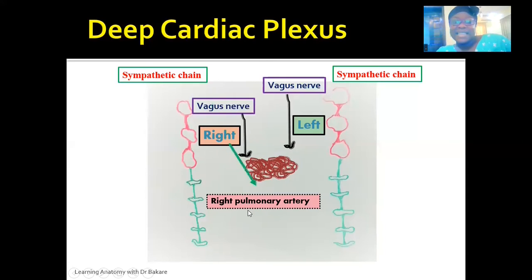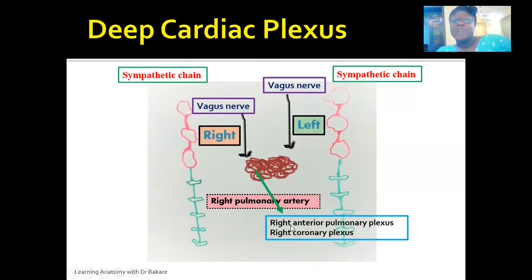The branches that part anterior to the right pulmonary artery give off branches to the right anterior pulmonary plexus, which is located anterior to the lungs, and also the right coronary plexus, which is located on the right side of the heart. We already said that the coronary plexus also receives branches from the cardiac plexuses, and this is where this is established. So you see the right coronary plexus receiving branches from the right side of the deep cardiac plexus.